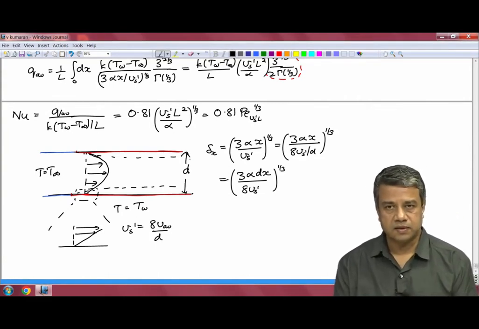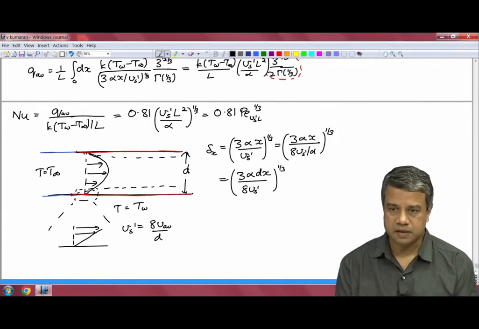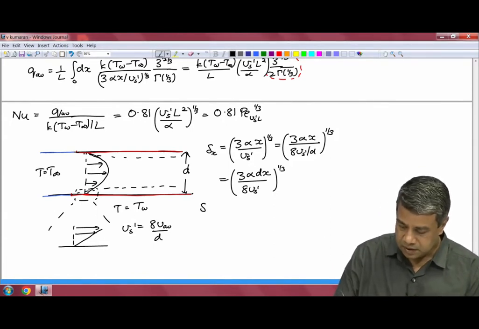The boundary layer thickness will be small compared to the pipe radius only for delta x by pipe radius d by 2 very much less than 1.